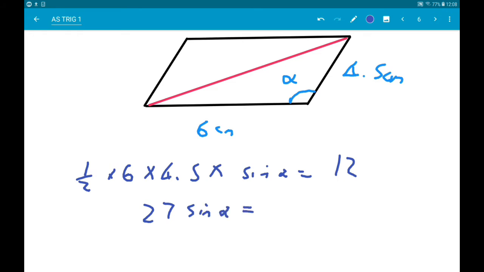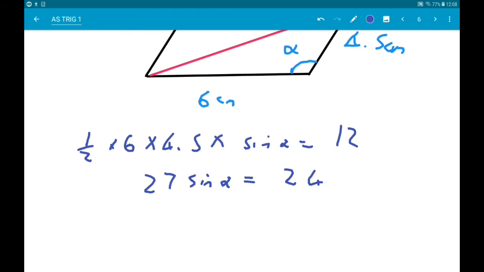So 27 sine alpha is 24. Now if we divide through by 27, we get sine alpha is 8/9.